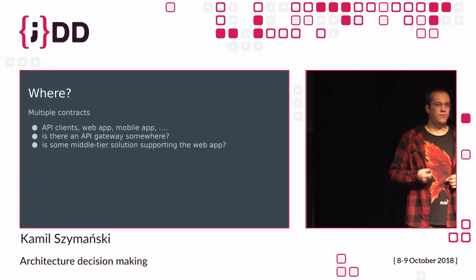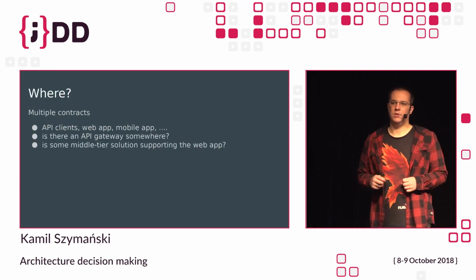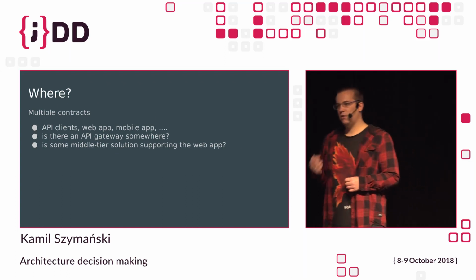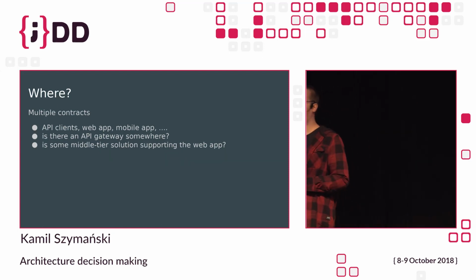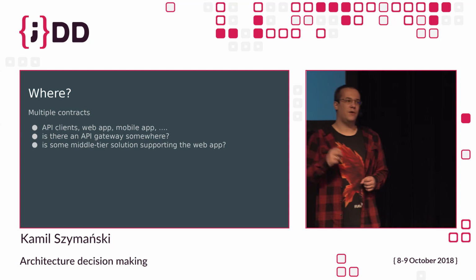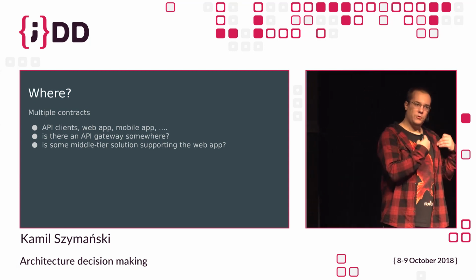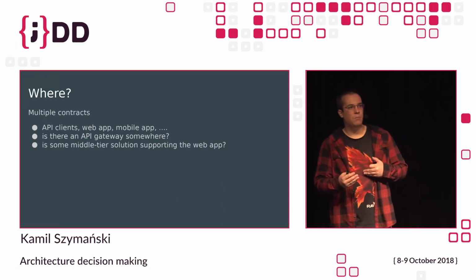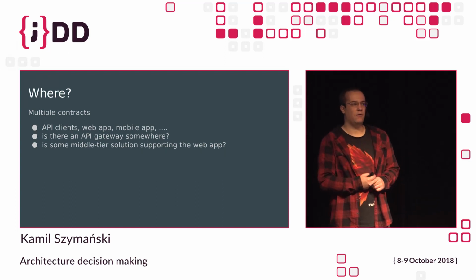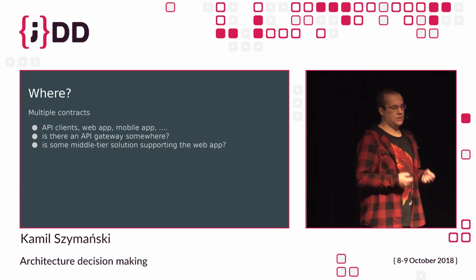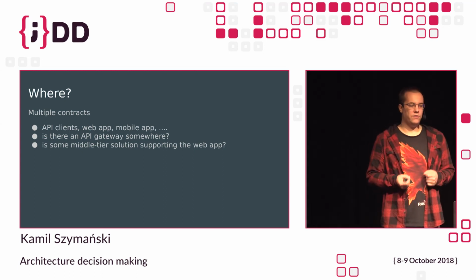And we should also think about where we should put this API versioning. Because even if we think that this is important, it's not necessarily a thing that we need to put directly into our software. We need to put it into our platform, but it can maybe be at some API gateway level. We need to check what the context is, because we have a lot of APIs.